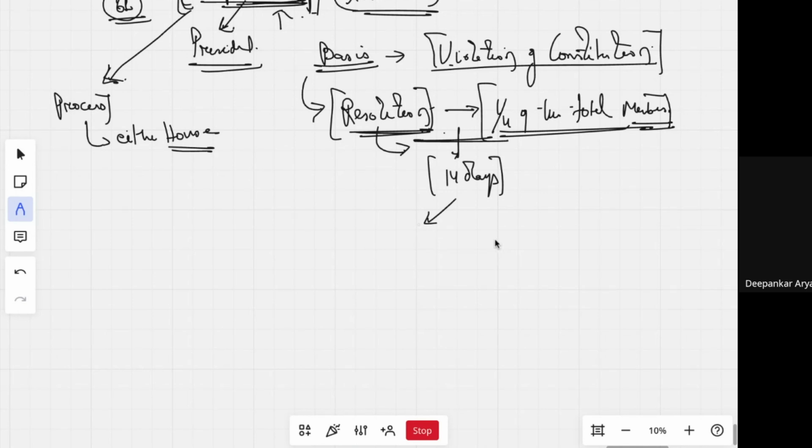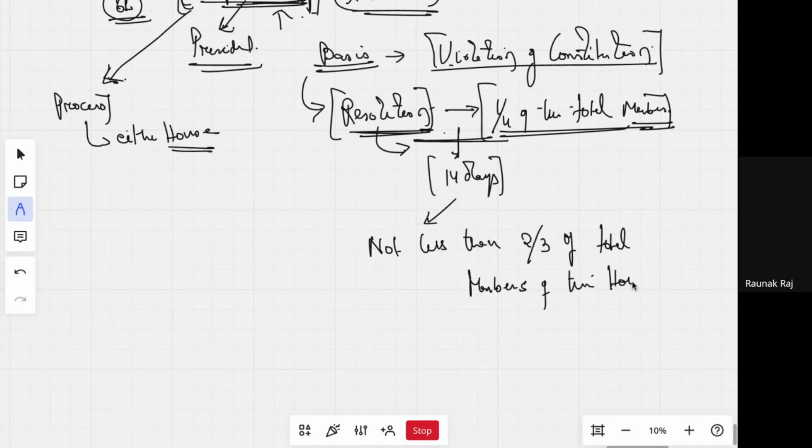So what is the procedure to pass the notification? Not less than two-thirds of total strength of the house. Sir, is it total strength of the house or total membership?